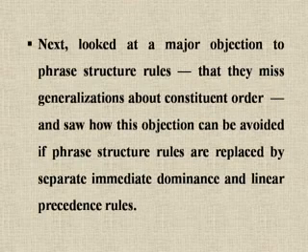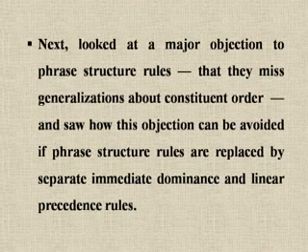Next, we looked at a major objection to phrase structure rules, that they mix generalizations about constituent order, and saw how this objection can be avoided if phrase structure rules are replaced by separate immediate dominance and linear precedence rules.